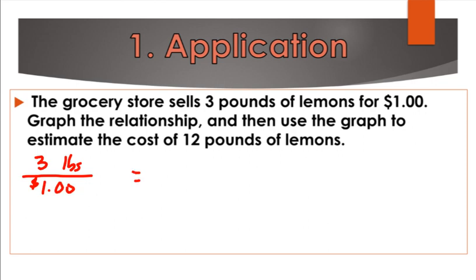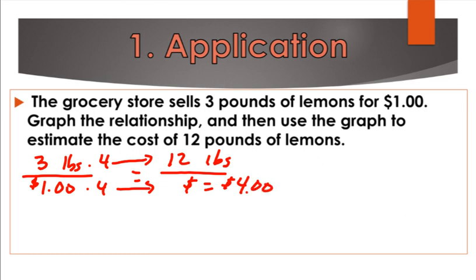It's the same as what is the cost of 12 pounds. Well, I know that 3 times 4 will give us our 12. So 1 times 4 would give us our amount of money. So our amount of money would be $4.